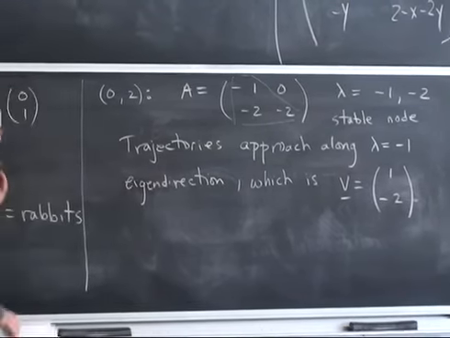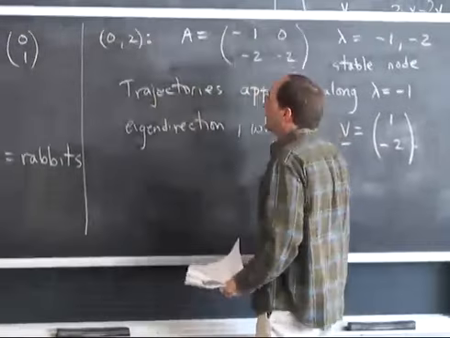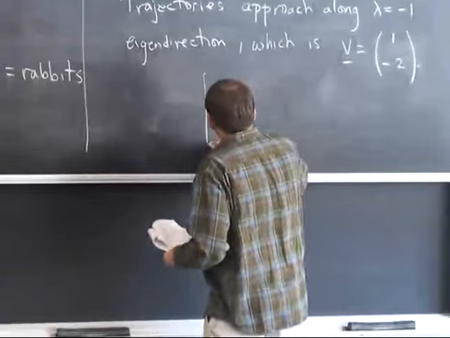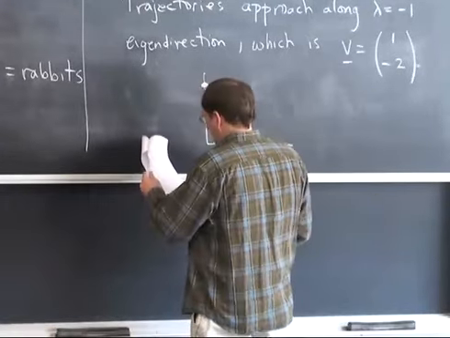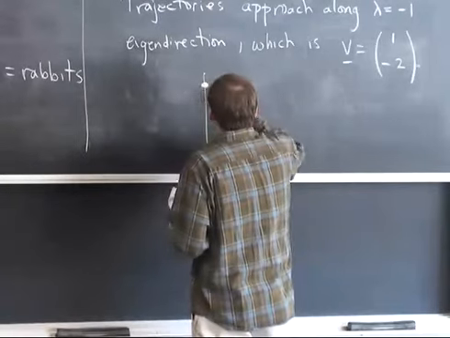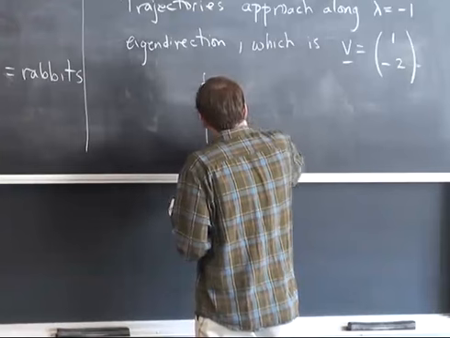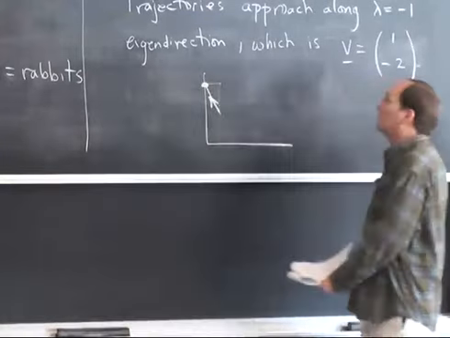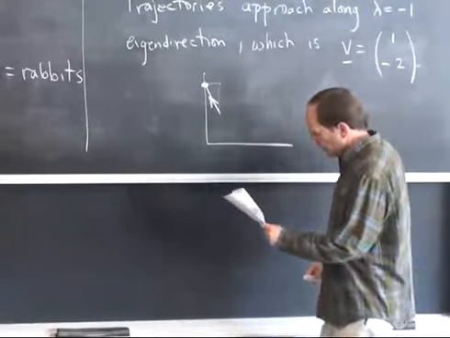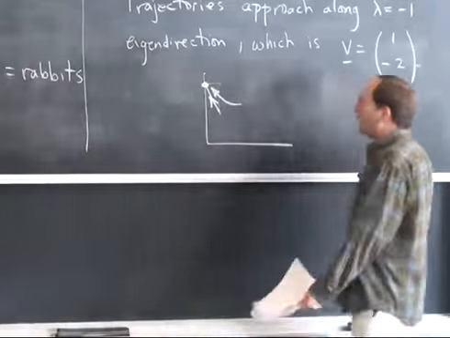But anyway, 1, -2 would look sort of like this in the neighborhood of this point. We're saying 0 on the x-axis, 2 on the y. 1, -2 is something which goes over 1 and down 2. So it sort of looks like this. But remember, it's a stable node, so we're coming in like that. And so the trajectories are going to approach that eigenvector.